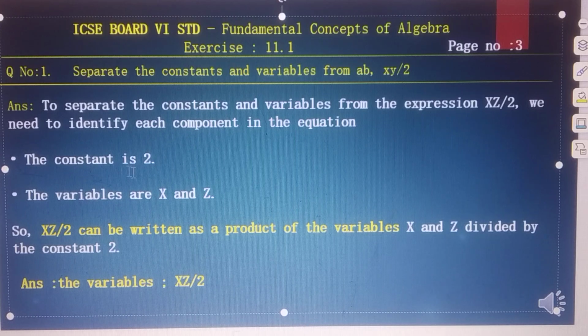The constant is 2 here. The variables are x and z. xz upon 2 can be written as a product of the variables x and z divided by the constant 2. So the final answer is that xz upon 2 is made of the variables.